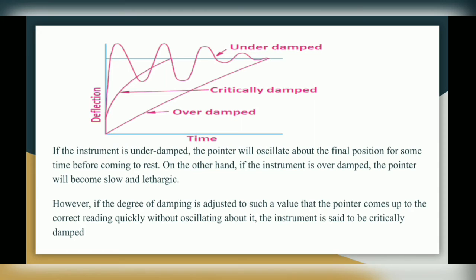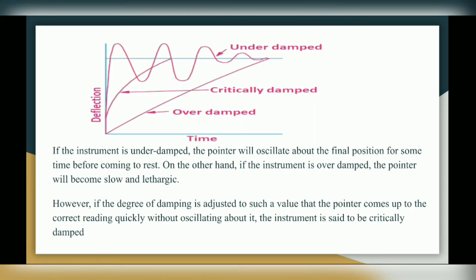So in an underdamped instrument, the pointer produces many oscillations to come to its final position. On the other hand, if the instrument is overdamped, the pointer will become slow and lethargic. So in overdamping, the pointer movements are very slow, so it takes more time to come to its final position.